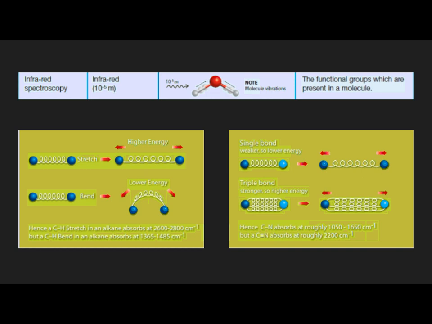And then we know that triple bonds are stronger, so they would take more energy to bend. And from this, we can tell the different functional groups, kind of like how we could tell the difference between the chlorine, and then we can tell the difference between bond types, and then this one's just telling you it takes more energy to stretch it than to bend.